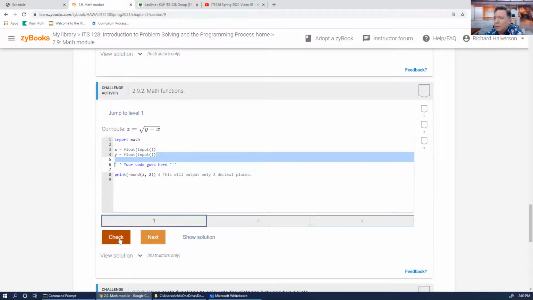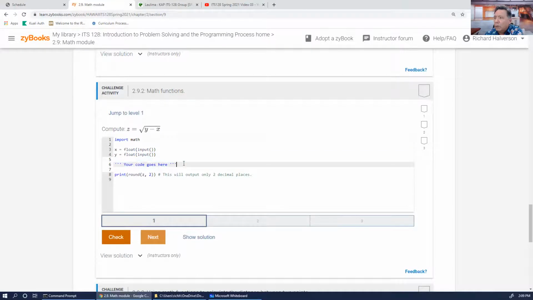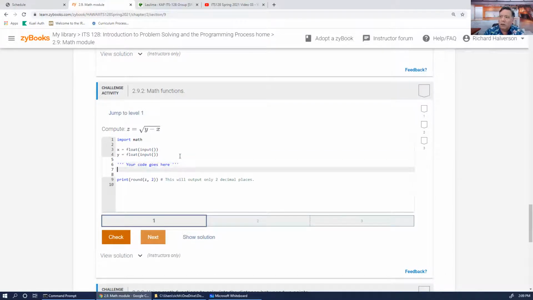What am I supposed to do? Write code here? That's pretty cool. So it would be z equals math dot sqrt of y minus x.